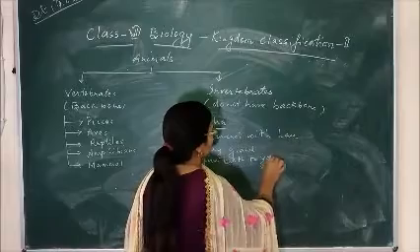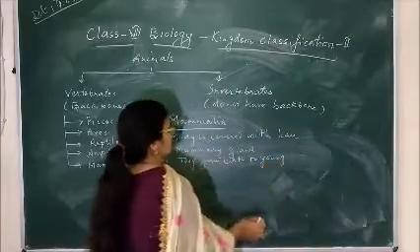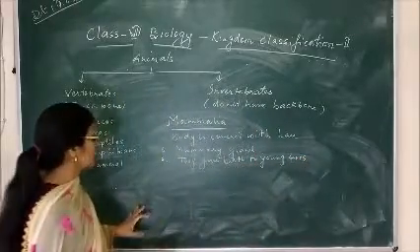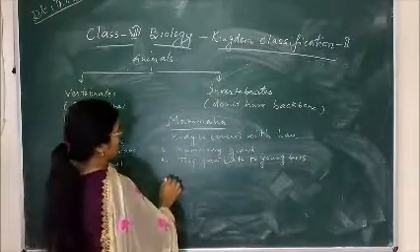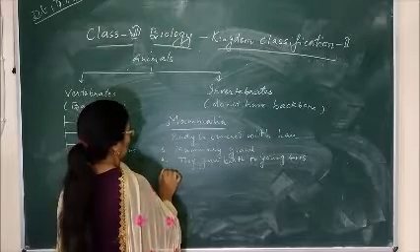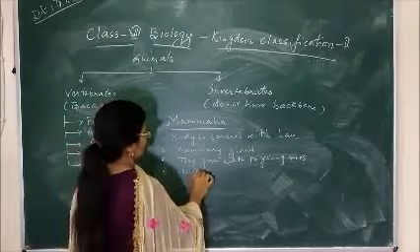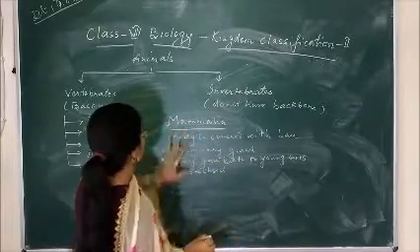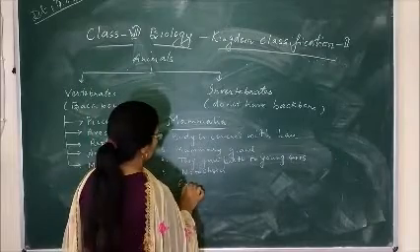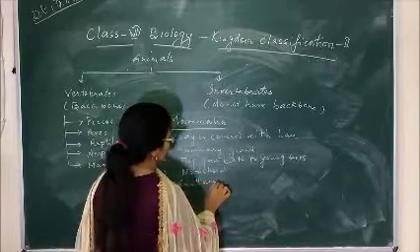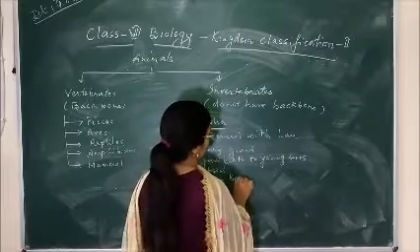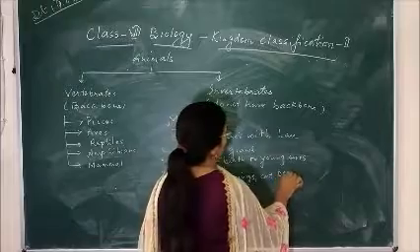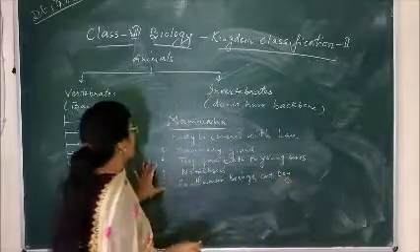But few are there which do not give birth directly to young ones, like platypus and echidna. Notochord is present, and many other features are present of the mammals. Like all human beings belong to the mammals, as well as cats, dog, rat, they all belong to the mammals.